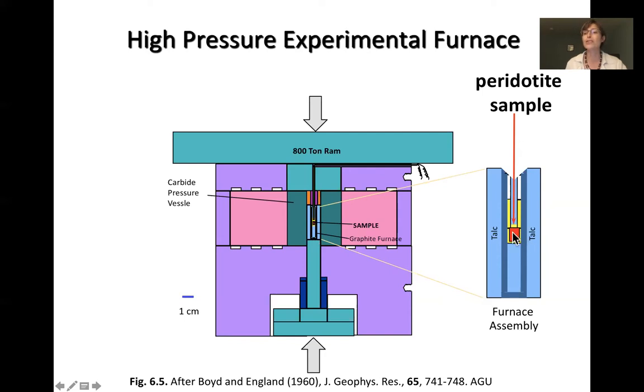We've measured out a powder that is similar to mantle peridotite. We insert it into a little crucible that can heat up, and we have talc around that so that we can increase our pressure and get deformation, but we want a confining pressure.